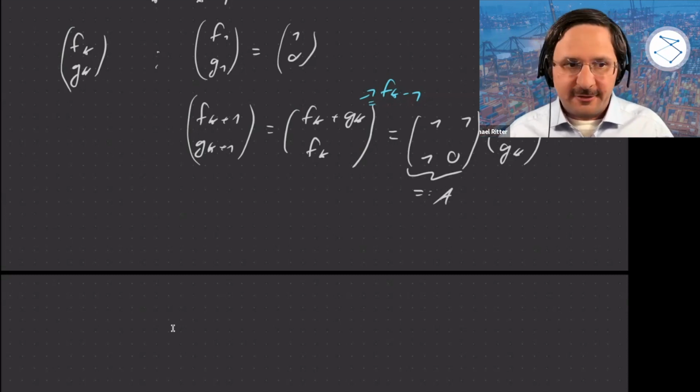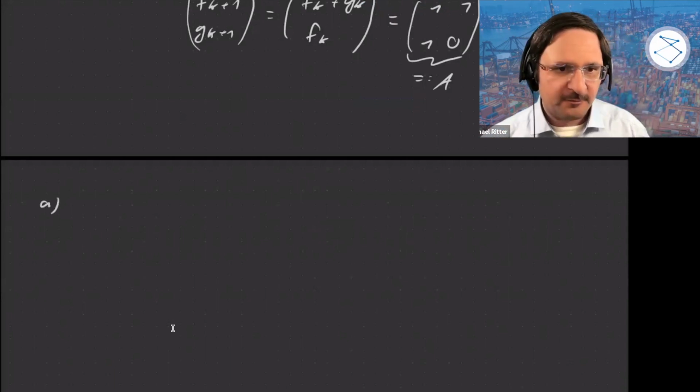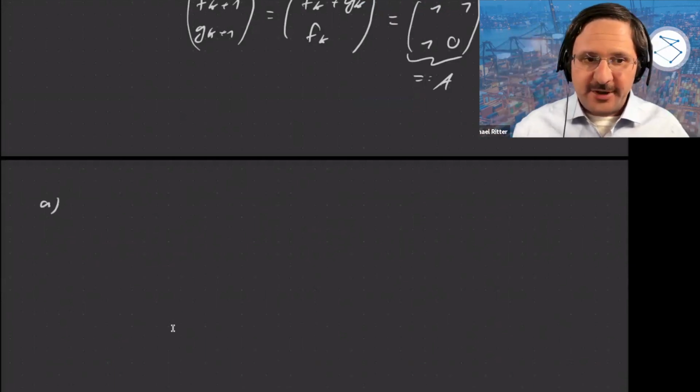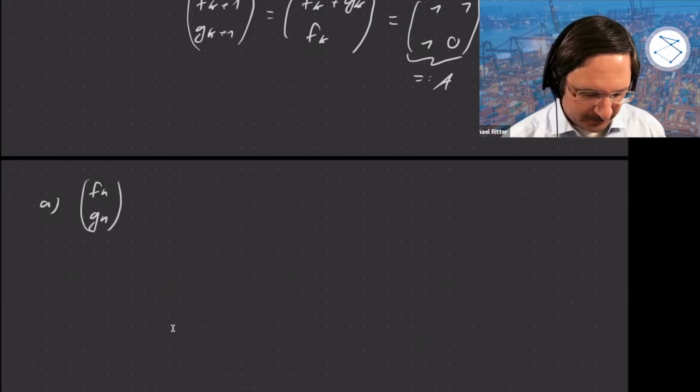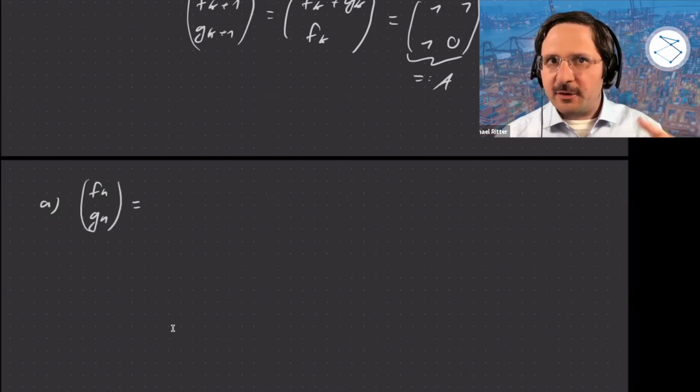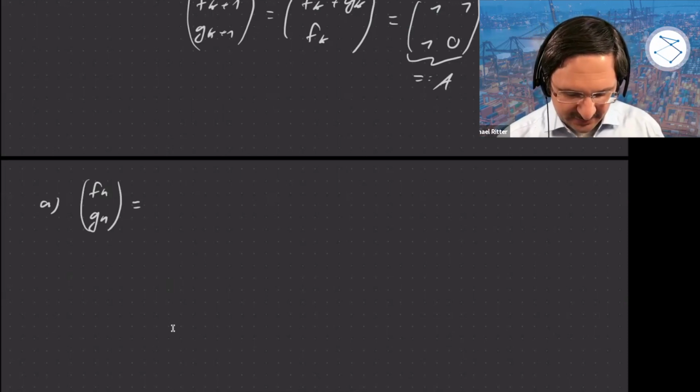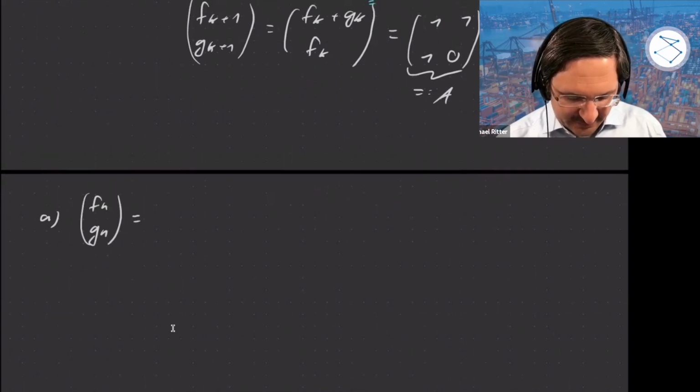So if we have that form, well, what do we gain from that? First thing that we gain is we can more or less directly compute the nth element of that sequence, (f_n, g_n), without going through all these recursions. Basically by saying, well, this is A times (f_{n-1}, g_{n-1}).